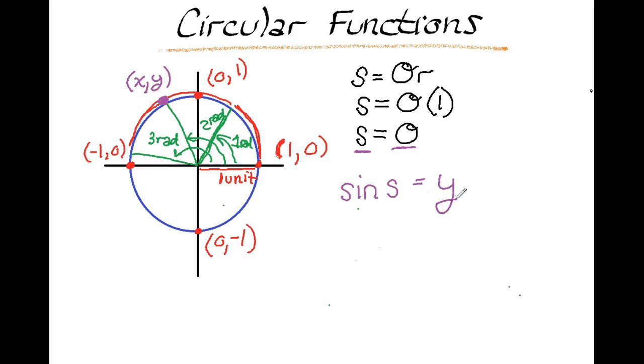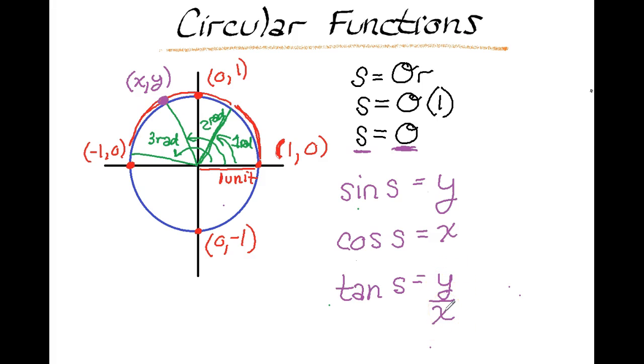We can do the same with all of our trigonometric functions. Because theta and arc length are the same, the cosine of s would be x over r, and we know r is 1, so it's just x. The tangent of s, and remember, theta is s in a unit circle, they're both equal, would be y over x.